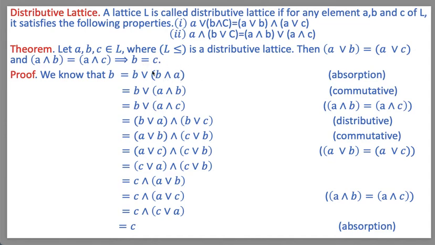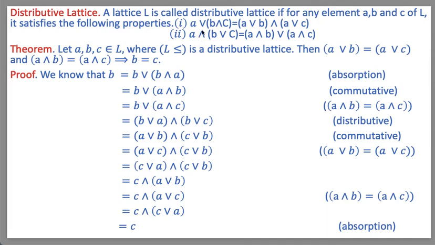This is by the absorption law. We know that B meet A is equal to A meet B by commutativity, but A meet B is given to be A meet C. So A meet B is equal to A meet C. Now by the distributive property, this is equal to (B join A) meet (B join C).